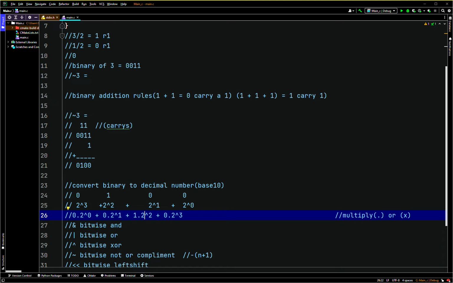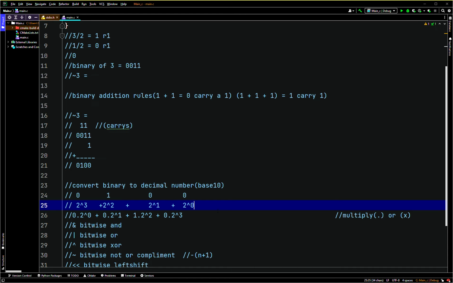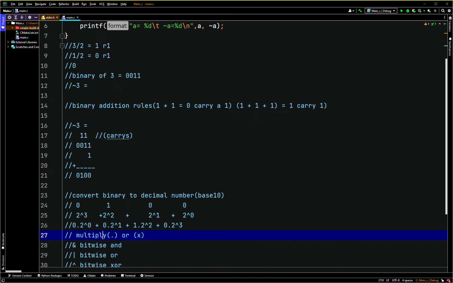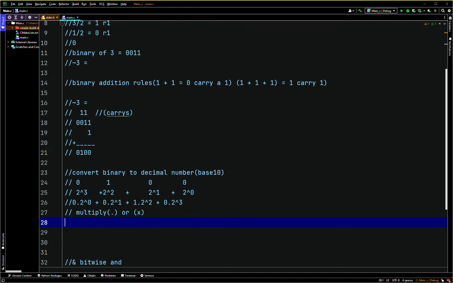Then we're going to have a plus 0 times 2 to the power of 3. So 2 to the power of 3, 2 times 2 is 4, times 2 is 8, so times 0 is going to be 0. So the answer here is just going to be this one here, which is going to be 4. So the answer is 4.